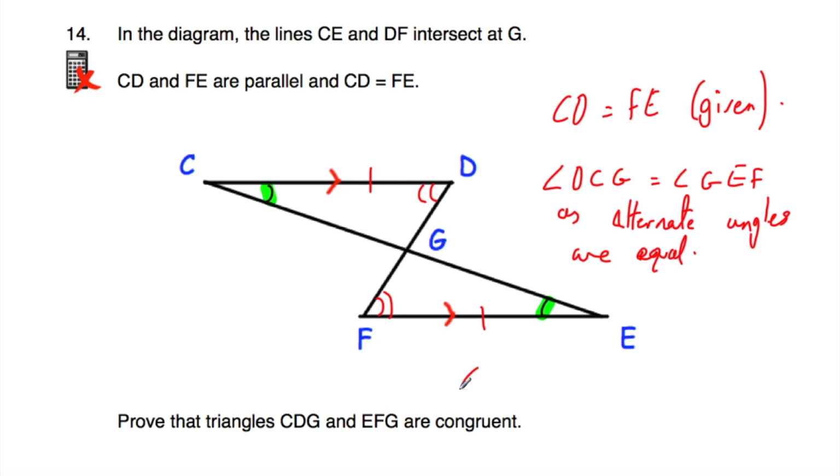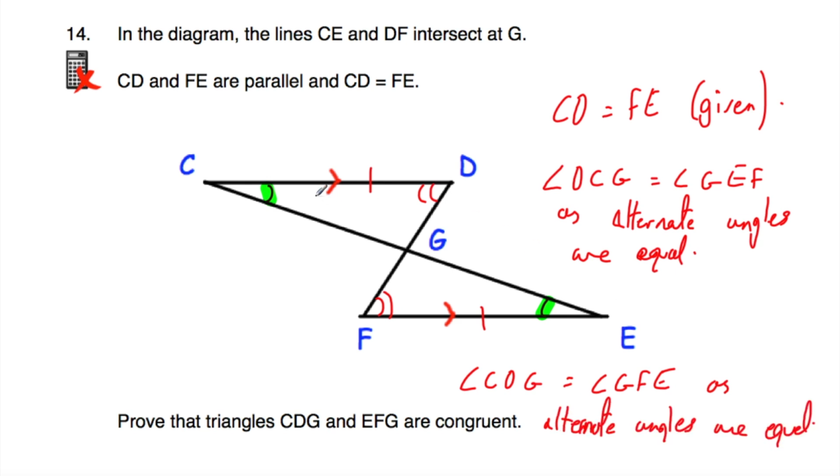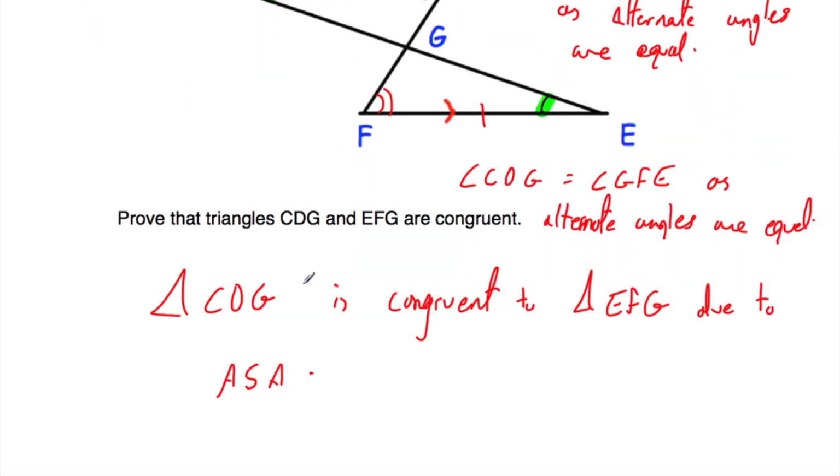So let's write that down, that angle CDG equals angle GFE, as again alternate angles are equal. So that's fantastic. We now know that both triangles have got an angle, a side, and an angle that are all equal to each other. So that means they're congruent due to angle, side, angle. So let's explain that. I've just explained that triangle CDG is congruent to triangle EFG due to angle, side, angle.